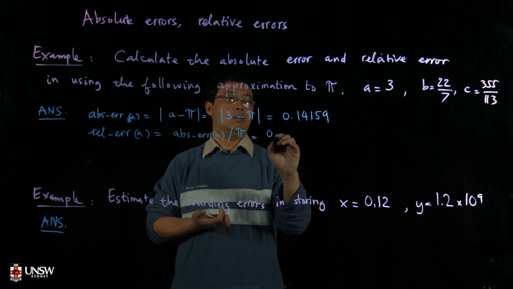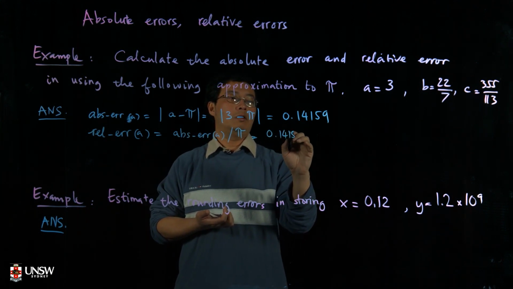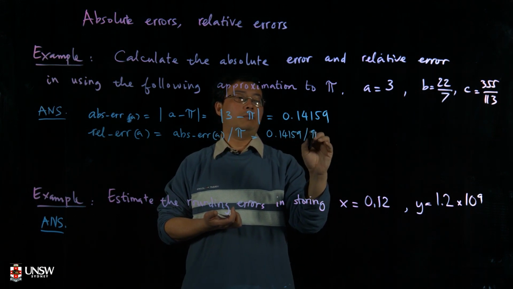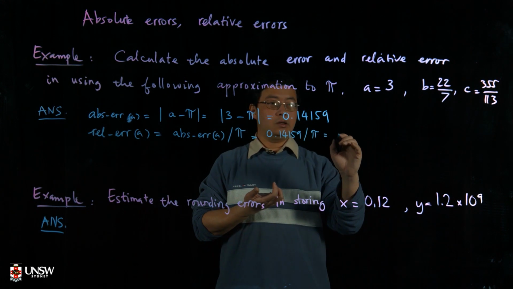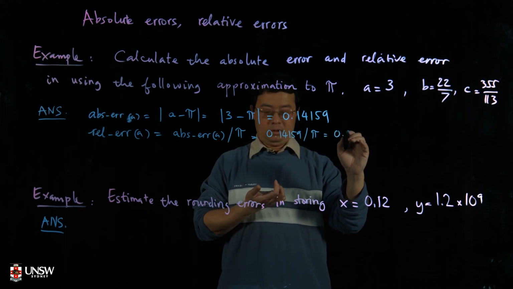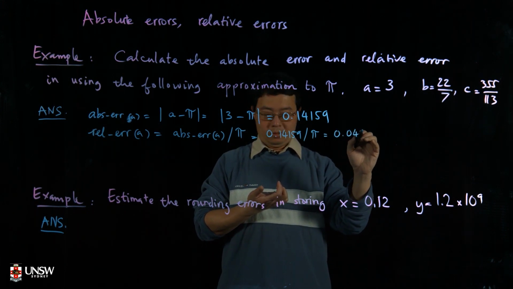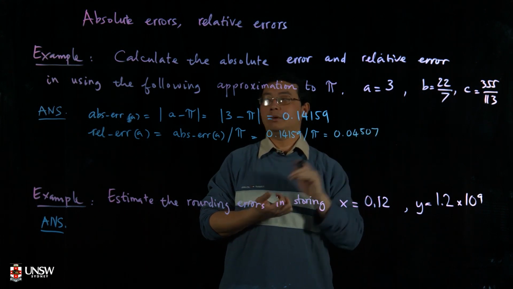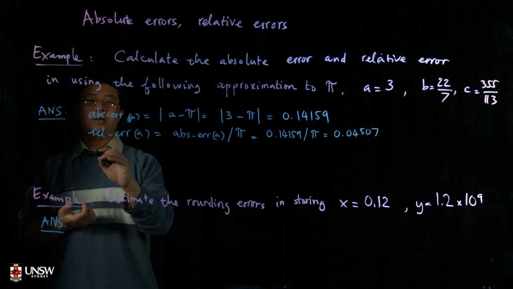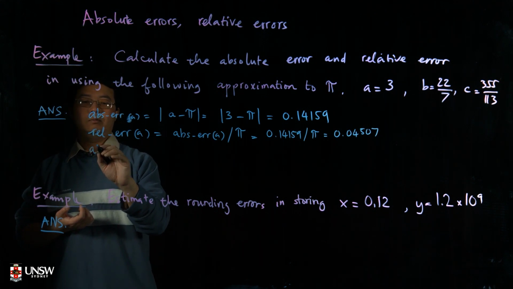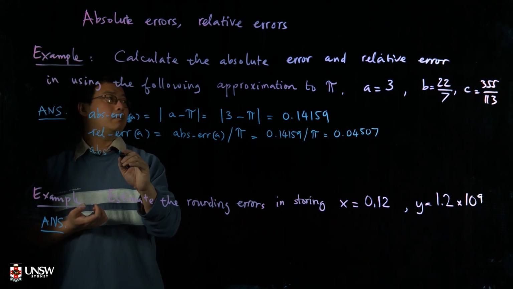So it's 0.14159 divided by pi, and then you get 0.04507.